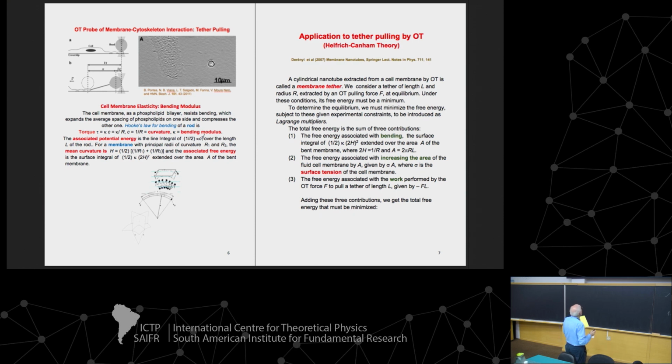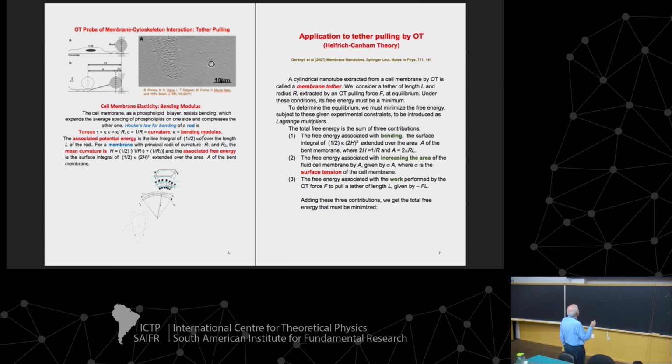And just as the linear Hooke's law tells you that the energy associated with this is 1/2 of the elastic constant multiplied by the square of the displacement, the associated potential energy involves 1/2 of kappa, the bending modulus, multiplied by the square of the curvature. And a line integral of this over the length of the whole rod, I'm still talking in one dimension, gives you the potential energy.